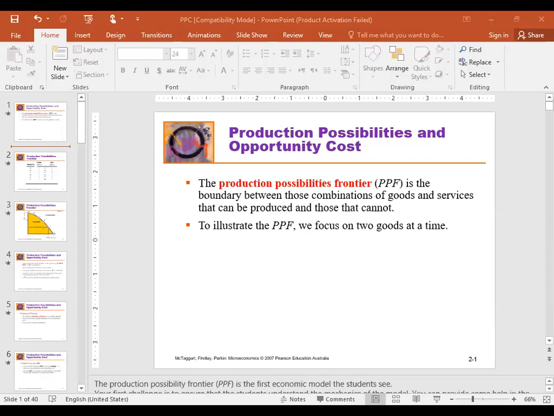Now, let's think about resources. We agreed yesterday that when producers come to produce a certain product or service, we use the factors of production. Factors of production go into your production process. Now, these factors of production are very limited.